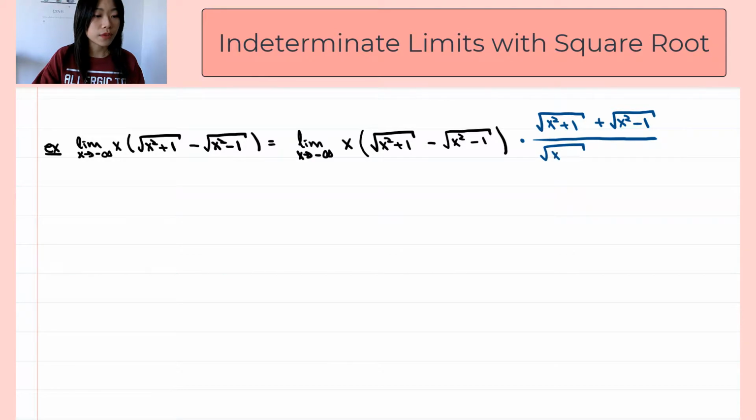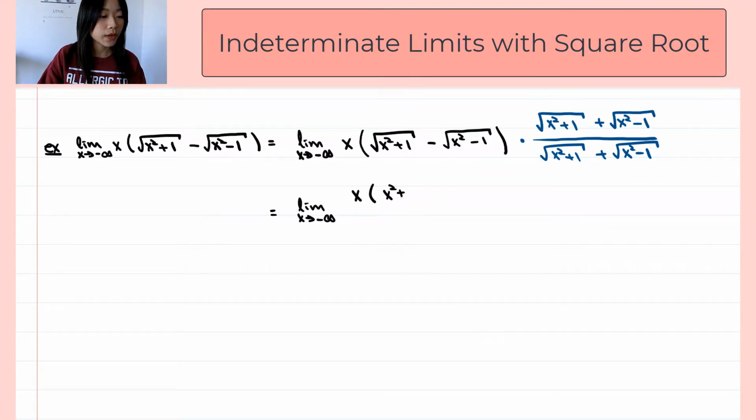So this becomes the limit as x approaches negative infinity of x times the difference of squares, that is x squared plus 1 minus x squared minus 1, divided by the same denominator, square root of x squared plus 1 plus square root of x squared minus 1.